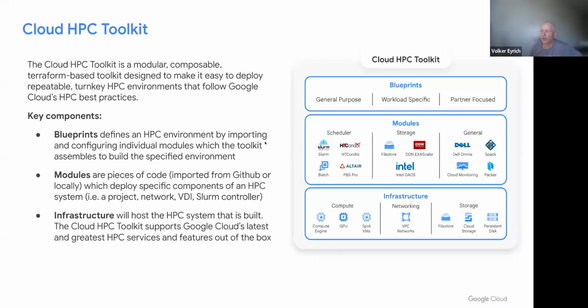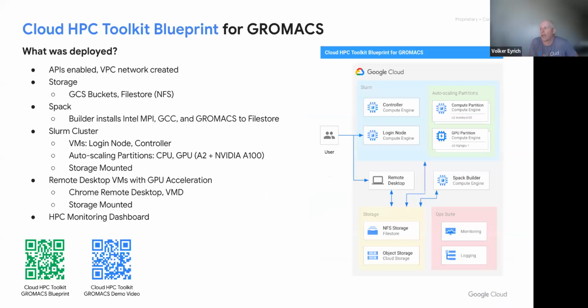system supports currently. And just to give you an actual example, without showing you the blueprints, it's a couple of pages long, so it would be hard to show that here. But it's on the Cloud HPC Toolkit GitHub page. You can deploy, for example, a complete HPC system from beginning to end that lets you run GROMACS, so molecular dynamics code, complete with storage, complete with remote visualization.